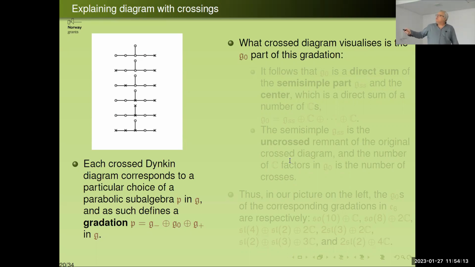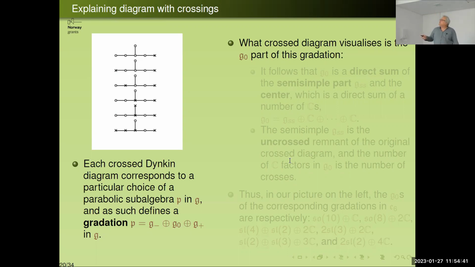So choosing crosses means I choose a parabolic. Choosing a parabolic gives me a gradation. The gradation has G0, and what the crossed diagram visualizes is G0. It says that G0 is a direct sum of a simple part, which in this case would be D4, plus 2 central elements.